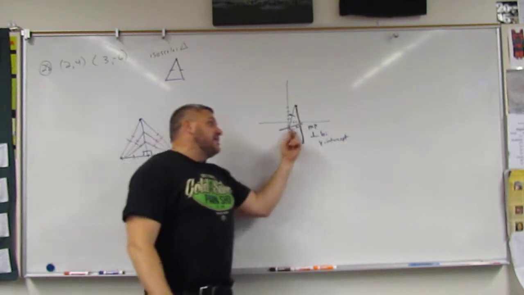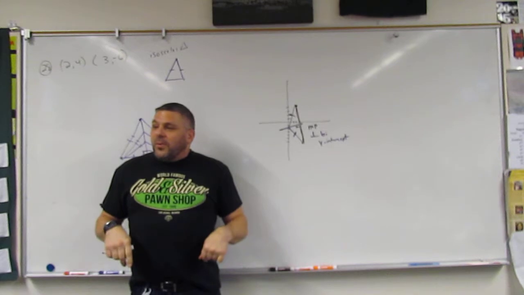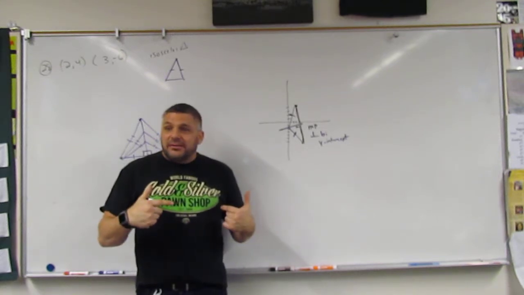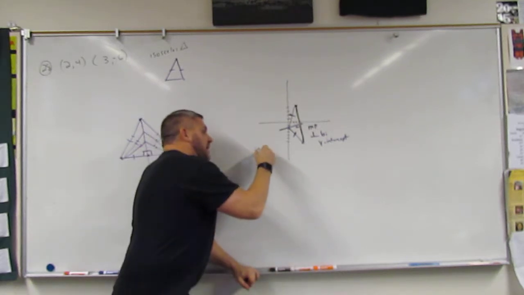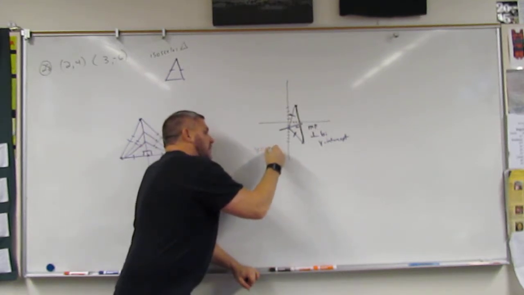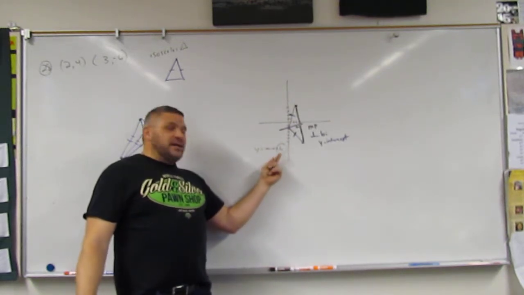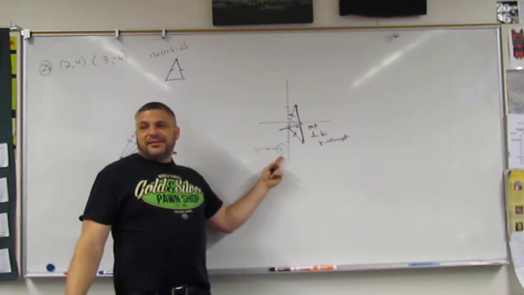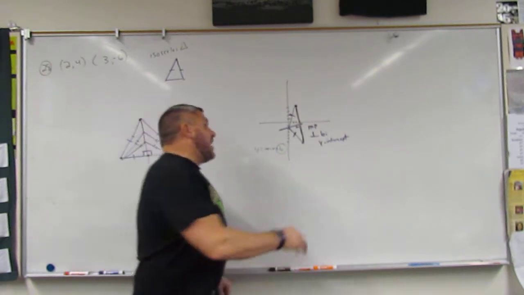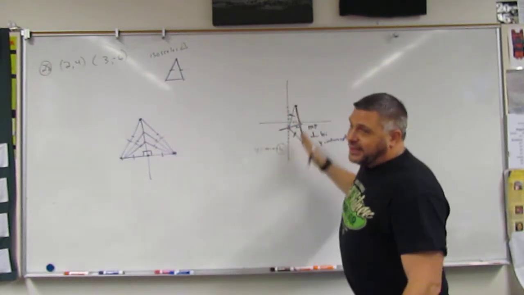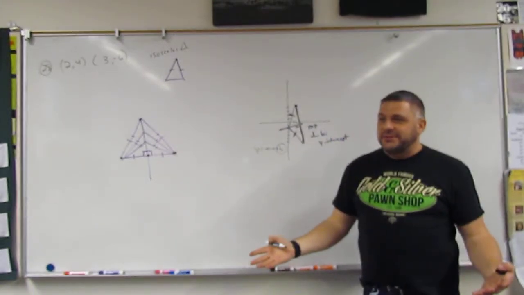Now, when you find that line, and we put it in y equals mx plus b, that gives us what? Think y equals mx plus b. It gives us the y-intercept. As soon as we find a line that's perpendicular to this line, remember those questions? Math is so extra.